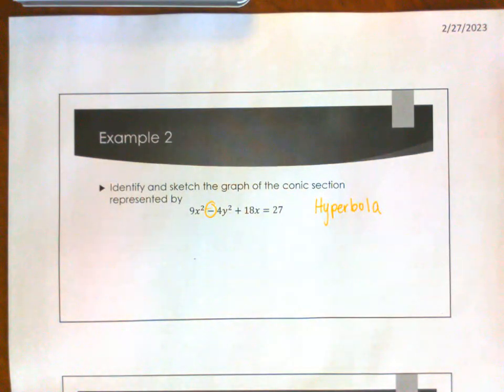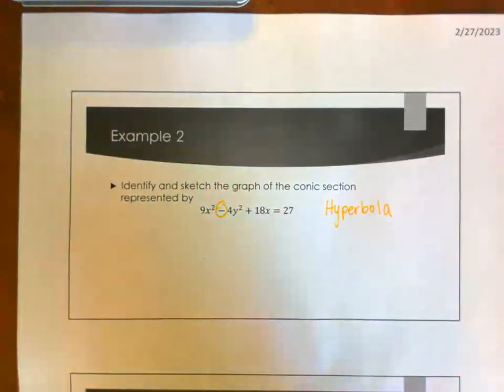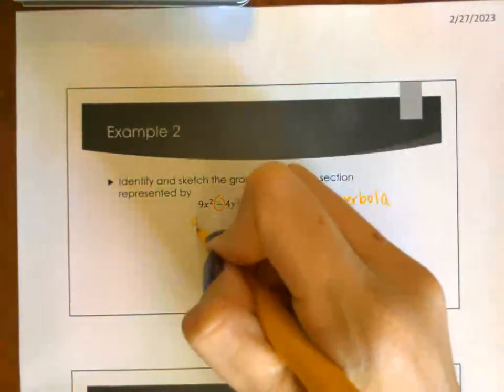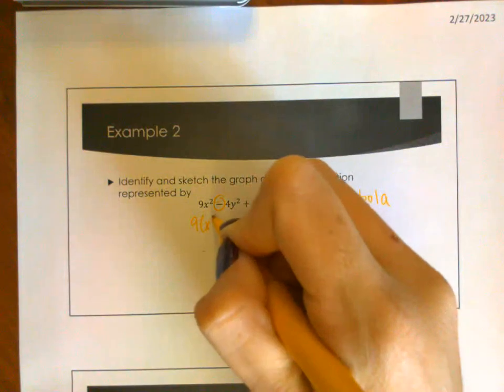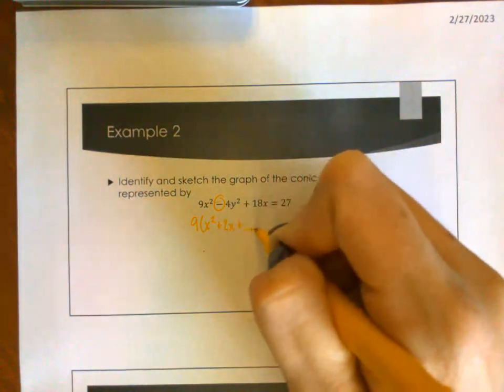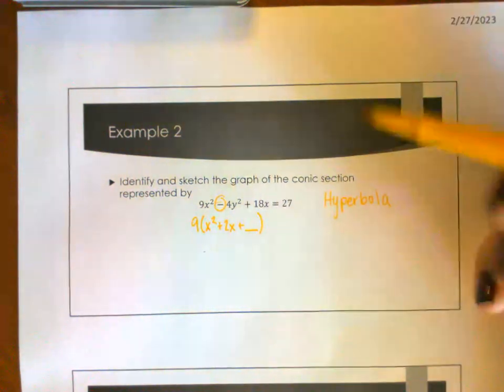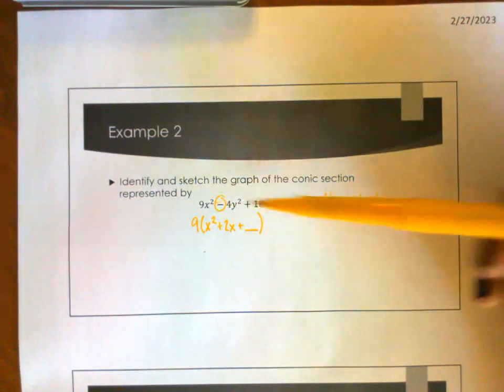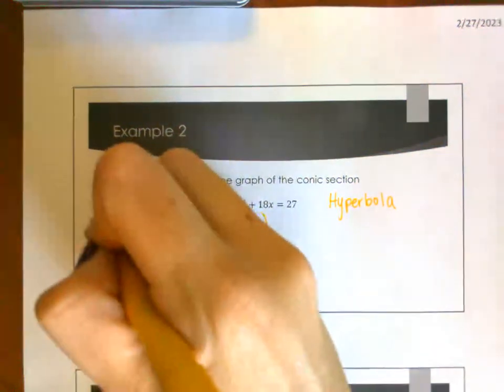Now I need to put this into standard form if I want to graph it. I'm going to have 9x squared plus 2x. Sorry, I kind of skipped a step there. I got excited about the math. And so what I did was I said, okay, I would actually be putting the 9x squared plus 18x together.